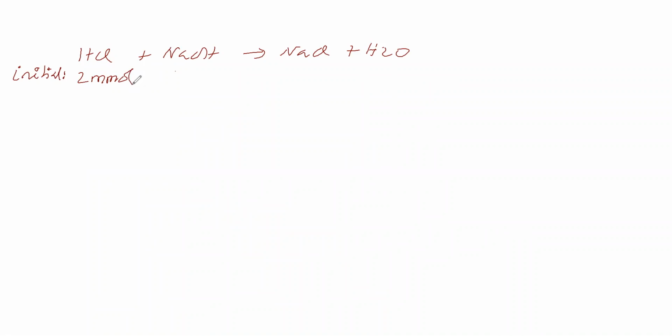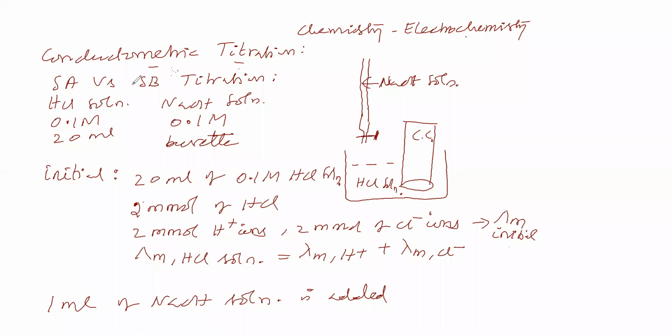Now you are adding sodium hydroxide from the burette into this. How much sodium hydroxide did you add? 1 ml of sodium hydroxide into the HCl solution, and here the concentration of sodium hydroxide is 0.1.